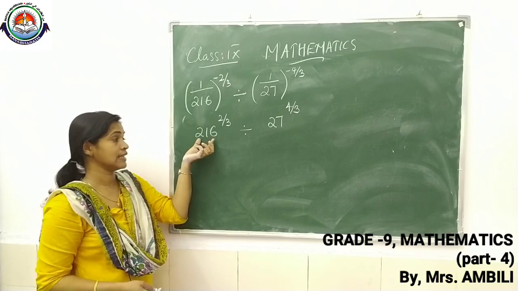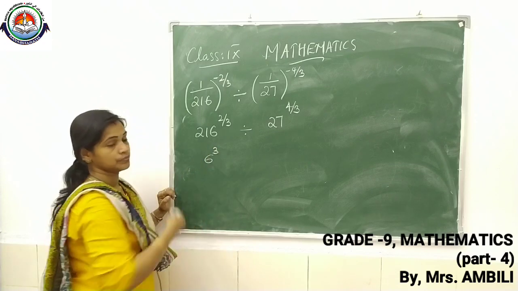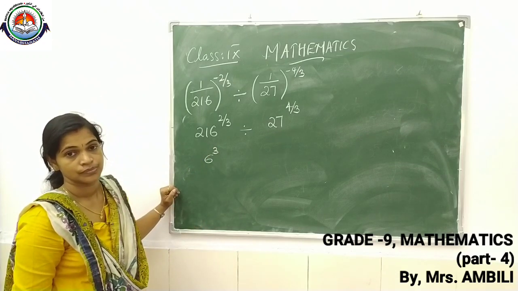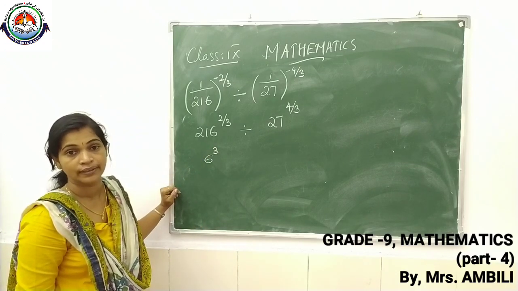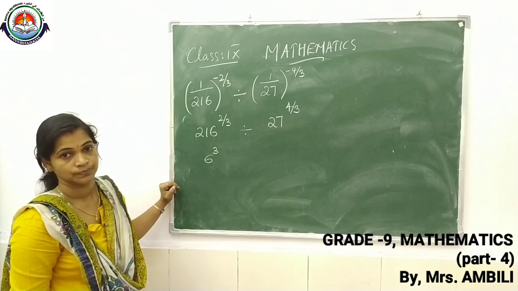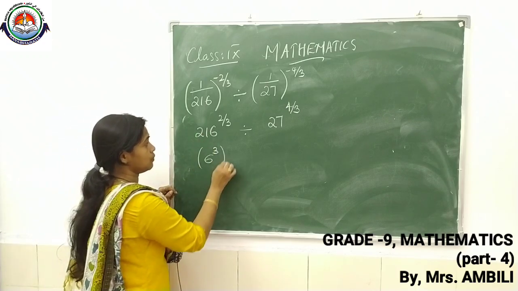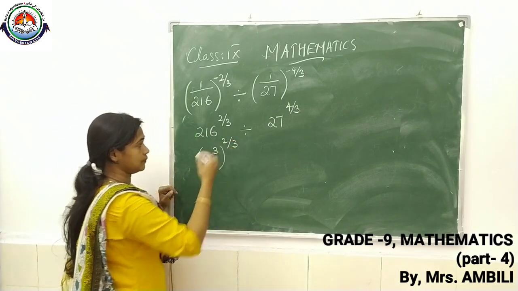216 we can write as 6 cube. Cube root and square root you have studied. 6 cube is 216. Then 6 cube raised to 2 by 3.